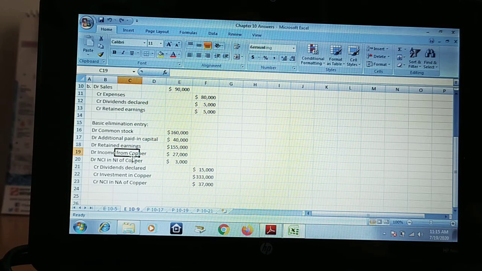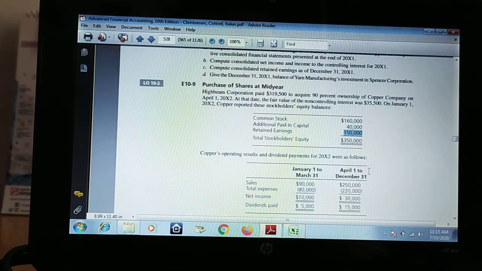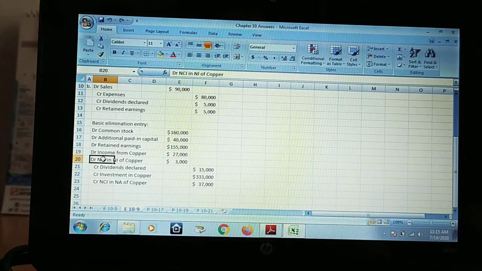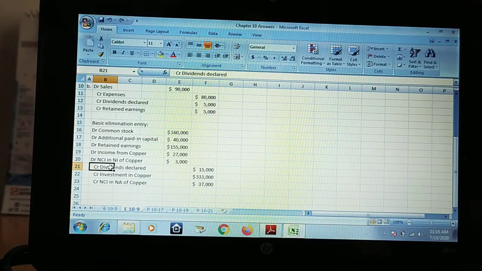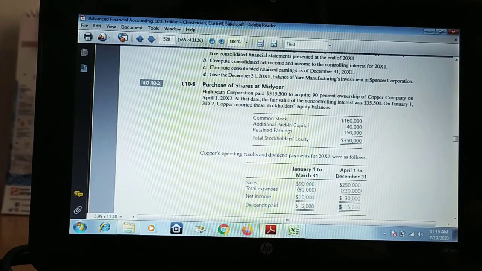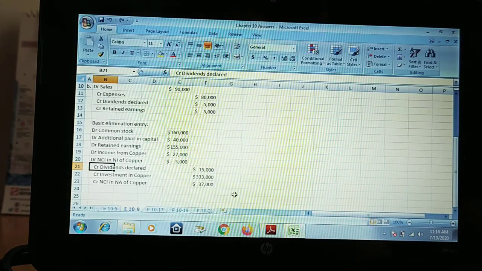Then debit income from Copper, where you take only the 30,000 times 90%, and debit NCI in NI, which is 10% of 30,000. Then credit dividends declared, only after the combination. And then the investment in Copper is basically 90% of common stock plus additional paid-in capital plus ending retained earnings.